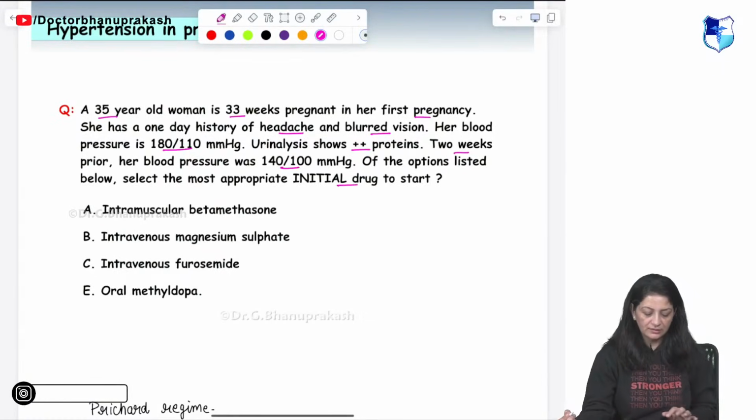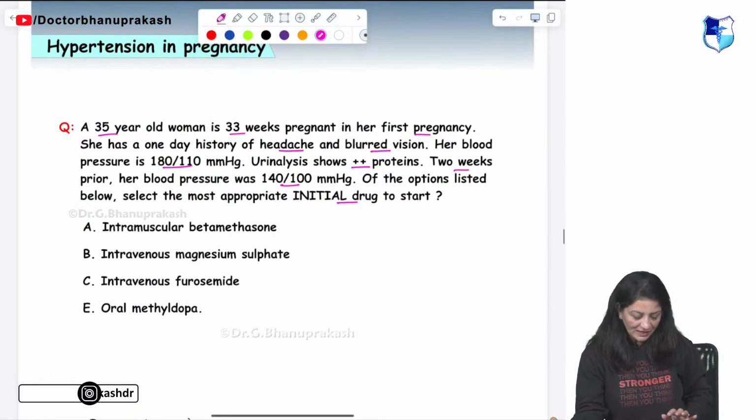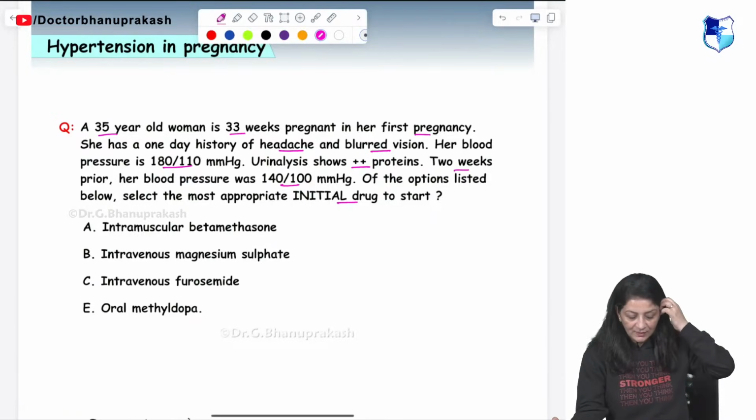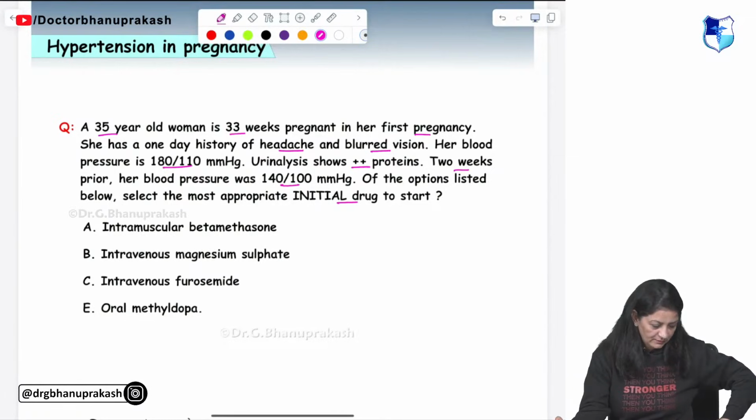Initial drug to start. So first of all, what is the diagnosis? So this is a case of preeclampsia, severe preeclampsia, eclampsia and impending eclampsia.